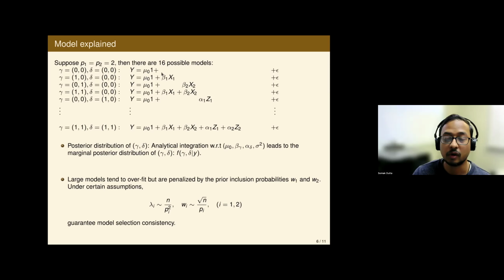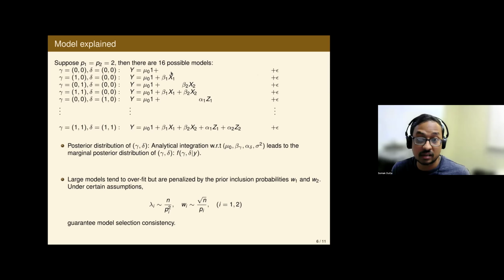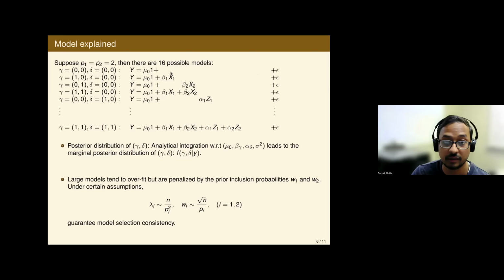As you can see, this model says that there is no effect of the SNPs or the genes. We will learn later from the data whether this model is actually a good model. The data will tell whether this model has high probability given the data. Similarly, let's look at another one: gamma equals 1, 1, and delta equals 0, 0.